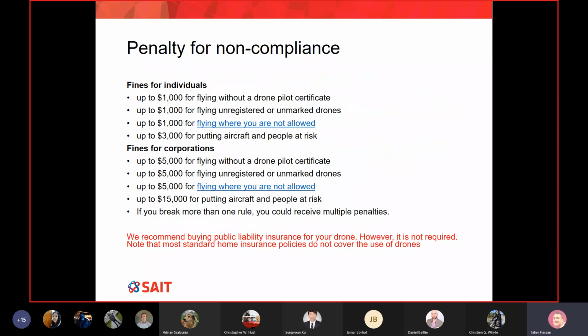Now, guys, let's talk about the bad things, which is the penalty. So if you have non-compliance, you're making one of the mistakes, whether you have no pilot certificate, or you have an unregistered drone, look at the numbers. The numbers are crazy. It means if I don't register my drone and I get marked with a tag, then I get $1,000. Okay? That's for individuals.